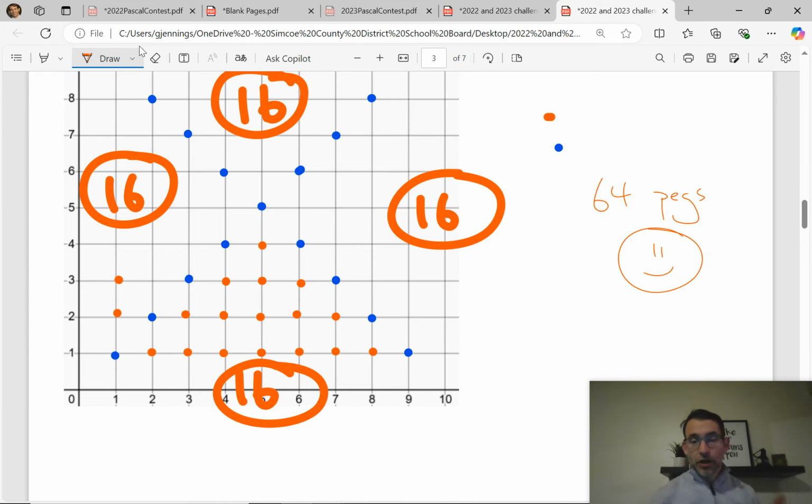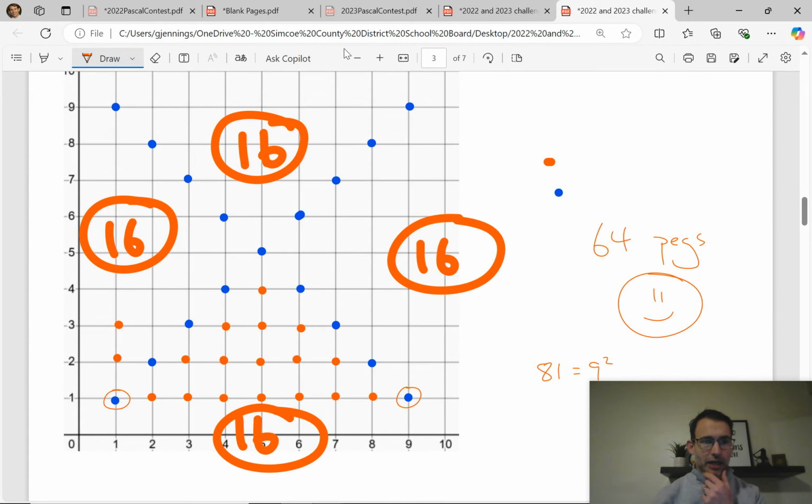Another way, and actually this is not the way I did it on the contest. I said, I think it's easier to know that there are 81, being 9 squared, little holes. This is 9 by 9 here, and every one of those points has a hole, so there's 81 in total. How many pegs were there?